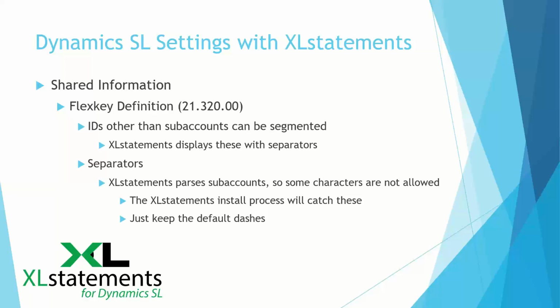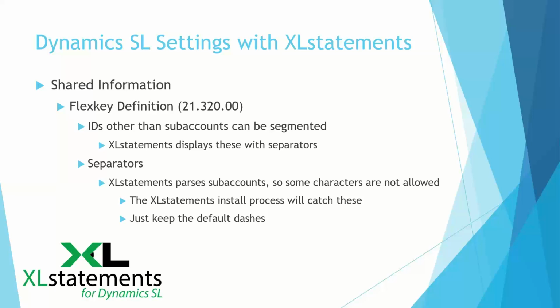That makes sense, right? But if you go in and just being tricky, you use an underline rather than the dash, or you use an asterisk or something like that, XLstatements isn't going to allow that. When that script is run while you're installing XLstatements, it's going to error out and tell you why.